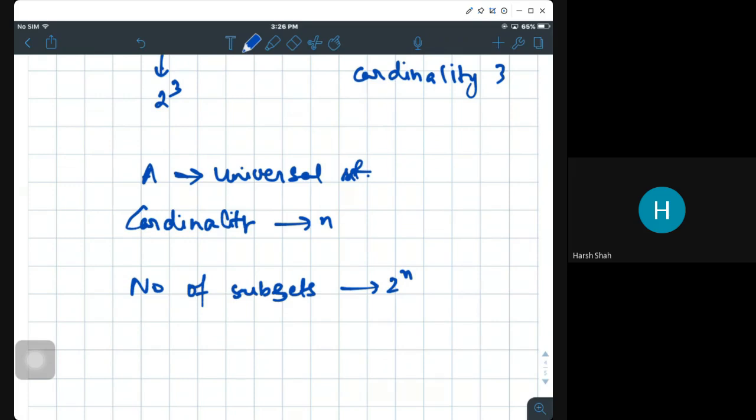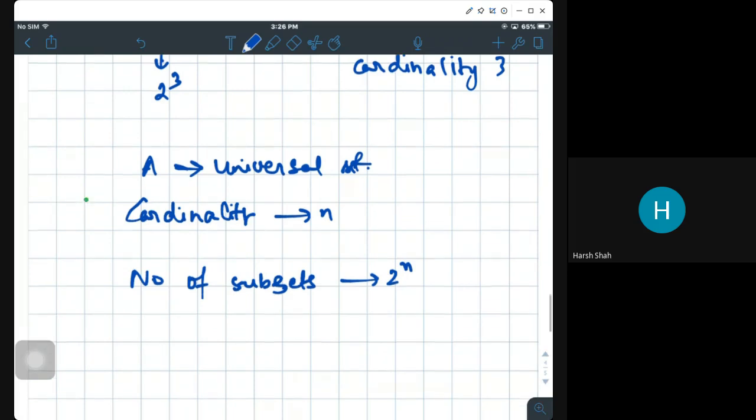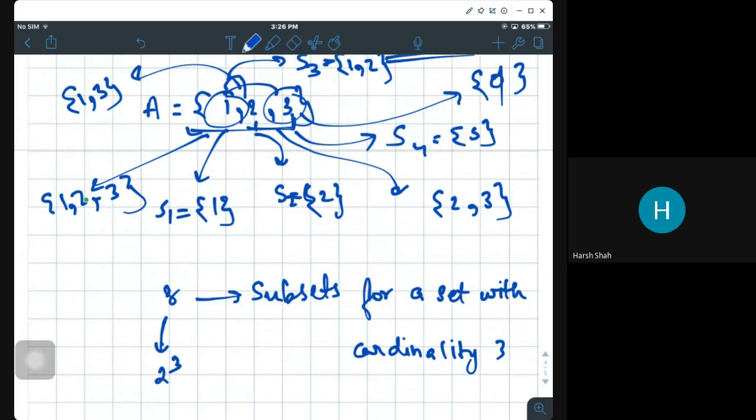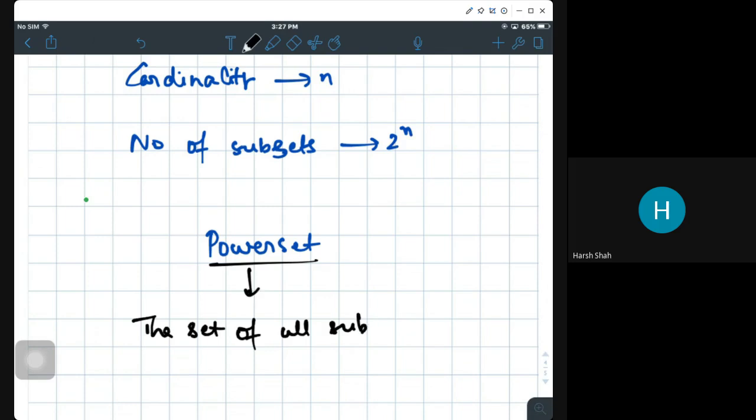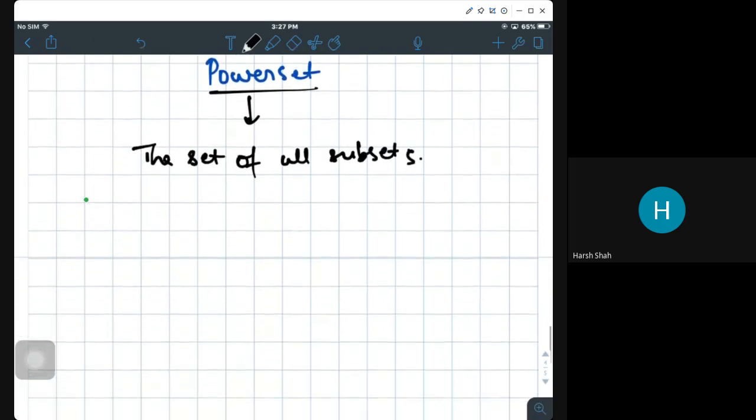Now then we have the concept of power set. Right now we studied subset, empty set. The power set is the set of all subsets. Now this is a set of sets.